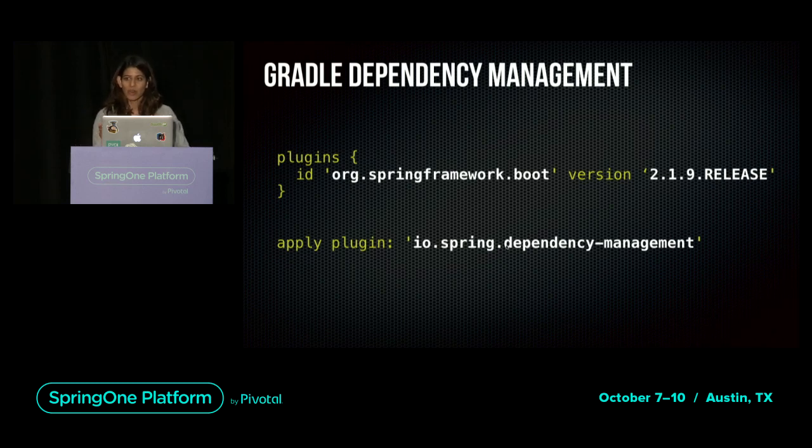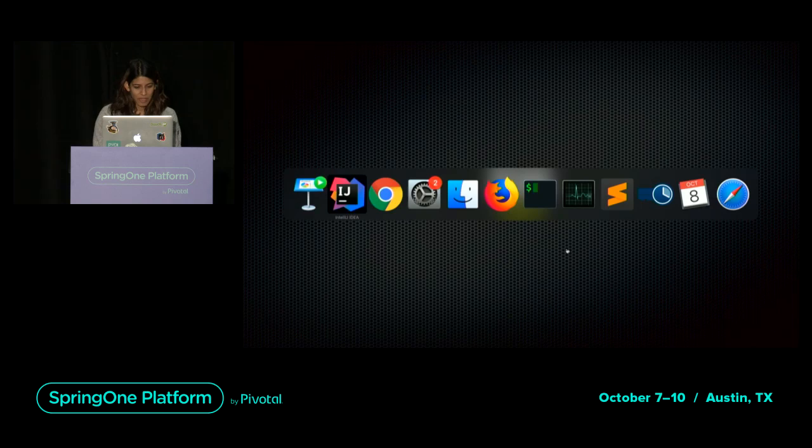And the way it works now is if you have the Gradle plugin in your build.gradle, and you apply it, and you also have the dependency management plugin, that will give you the Maven-like dependency management features in your Gradle project. Cool.